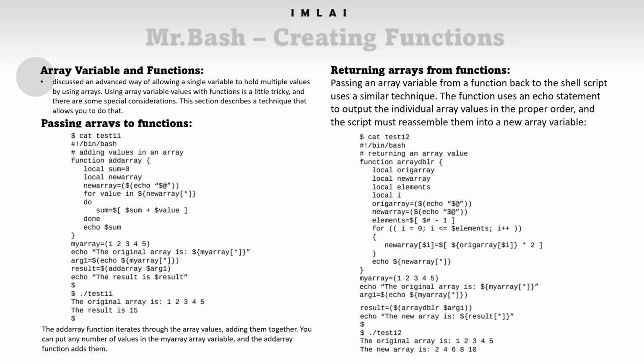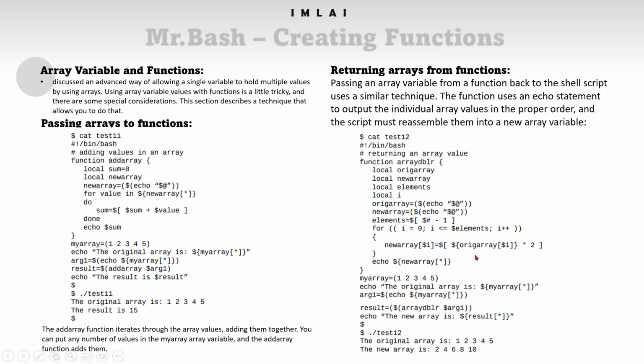The script passes the array value using the arg1 variable to the array dblr function. The array dblr function reassembles the array into a new array variable, and it makes a copy for the output array variable.